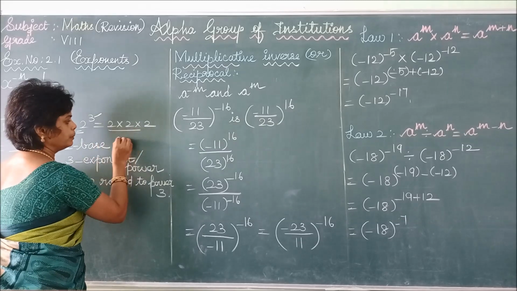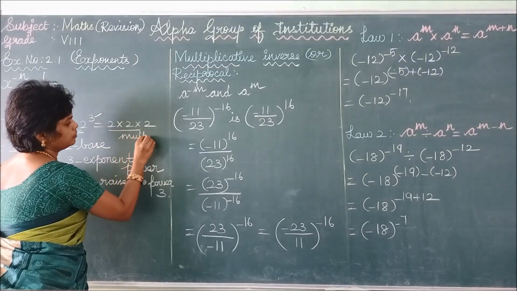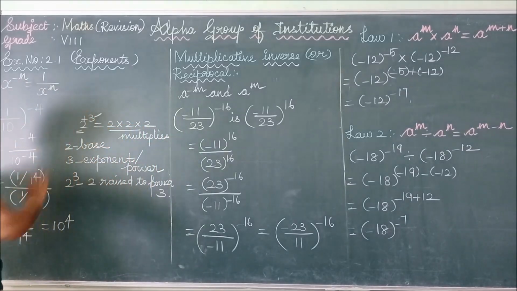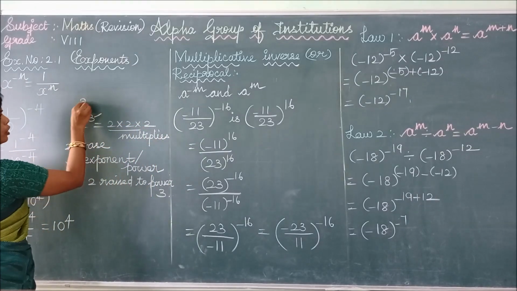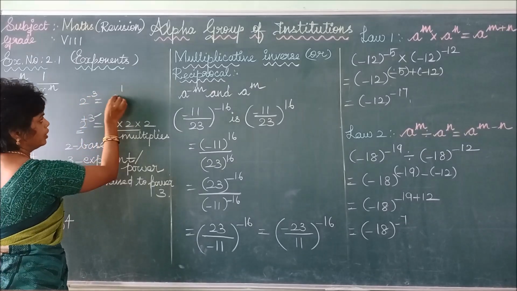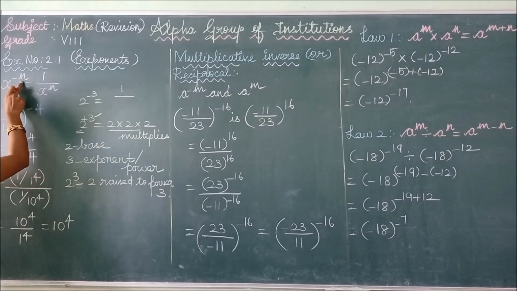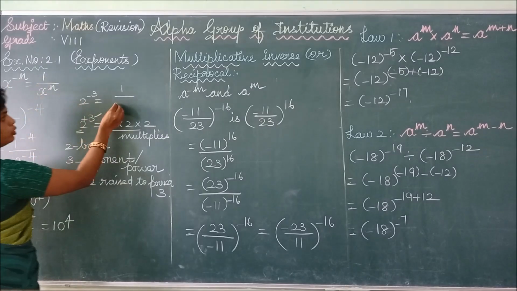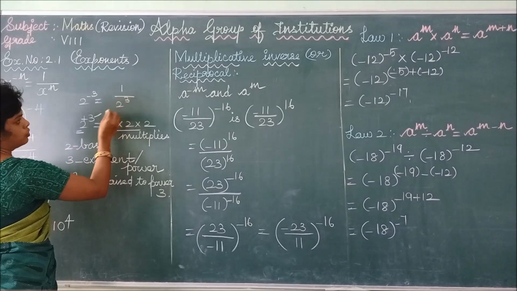That means multiples. It is a positive exponent. If it is a negative exponent, 2 to the power minus 3, how can we write this? Using the formula, 2 to the power minus 3 can be written as 1 divided by 2 to the power 3.